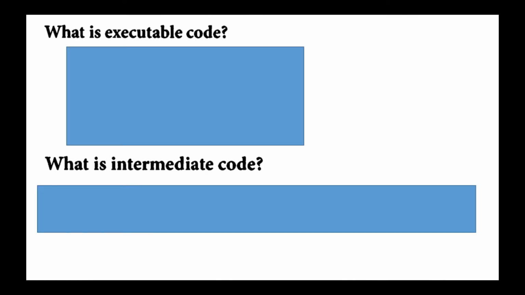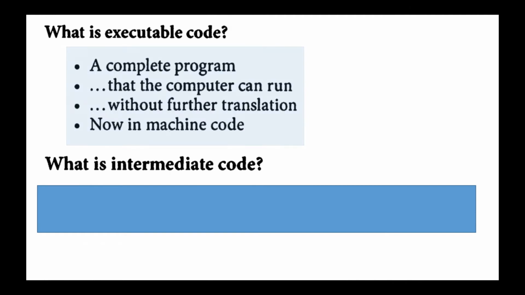So what is executable code and what is intermediate code? Answer that question. Well then, the answers: executable code is a complete program that the computer can run without further translation, which is now in machine code.